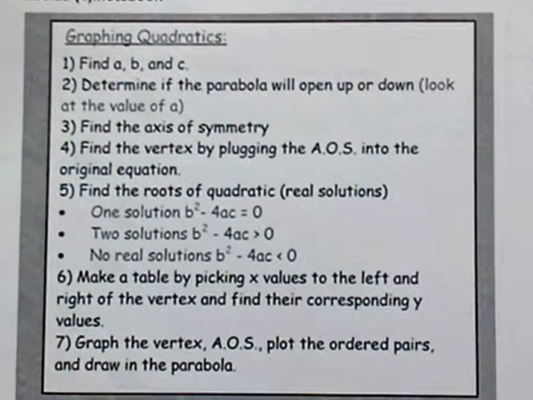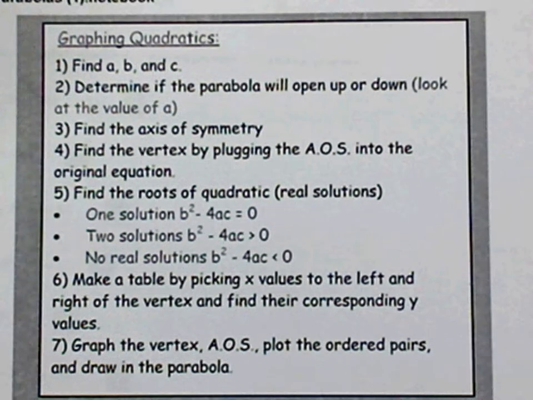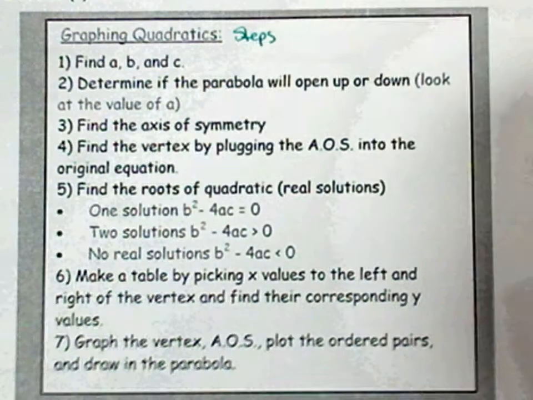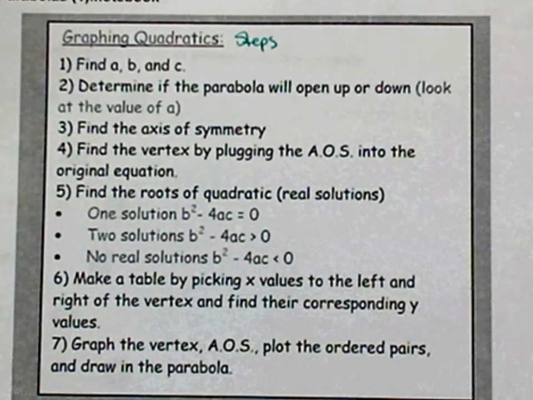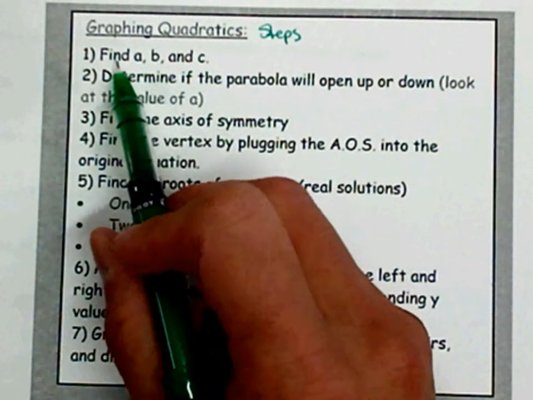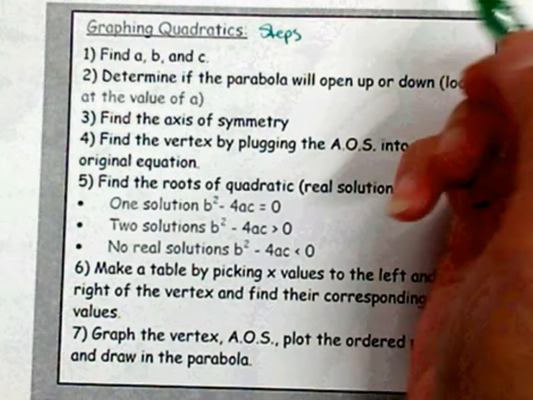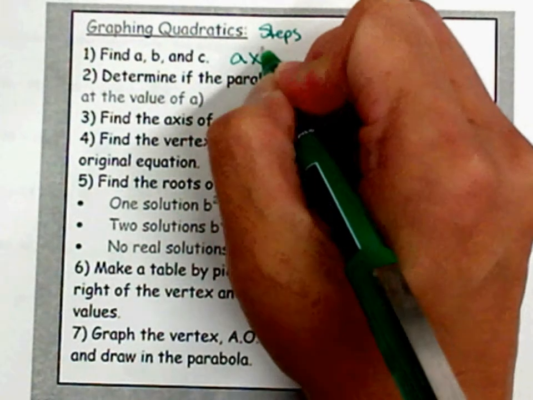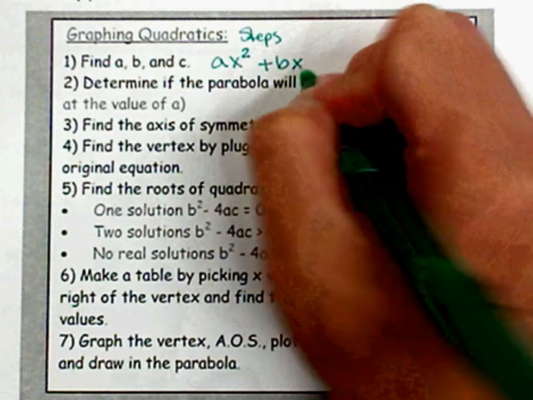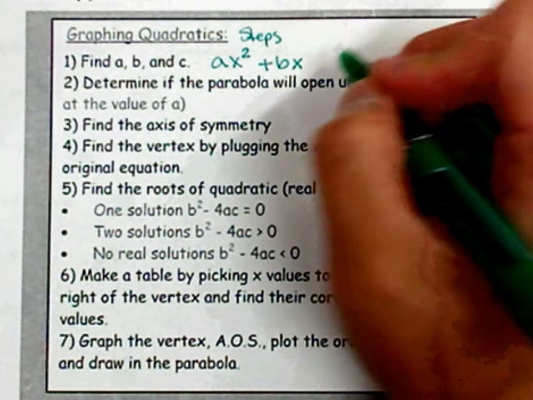Welcome back. Graphing quadratics. These are step-by-steps to help you, all right? Number 1, always find your a, b, and c first. Your a is always in front of the x squared. Your b is always in front of the x, and your c is a number by itself.